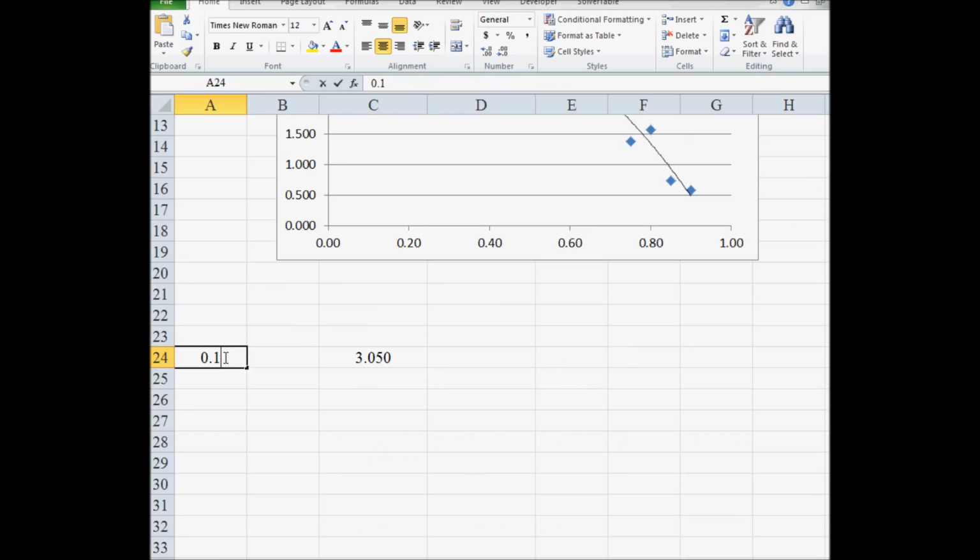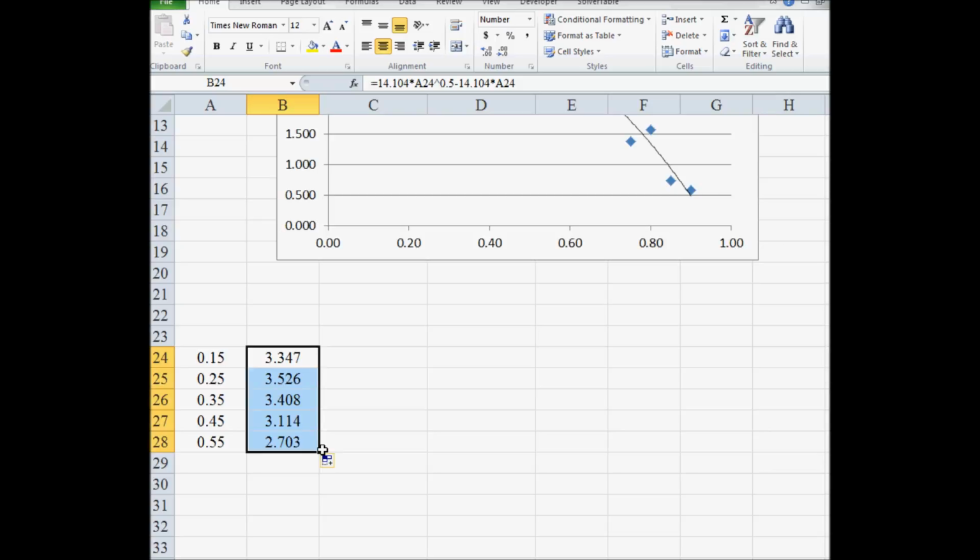So I'm going to go ahead and type in 15%, 25%, all the way to 55%. And then as I pull this down, tax revenue is going to change as the tax rate rises. Tax revenue. And this is little t, the tax rate.